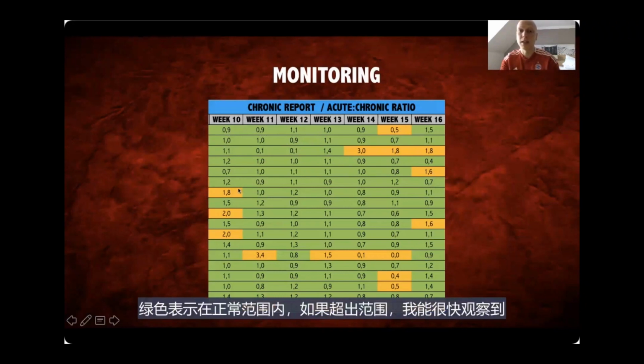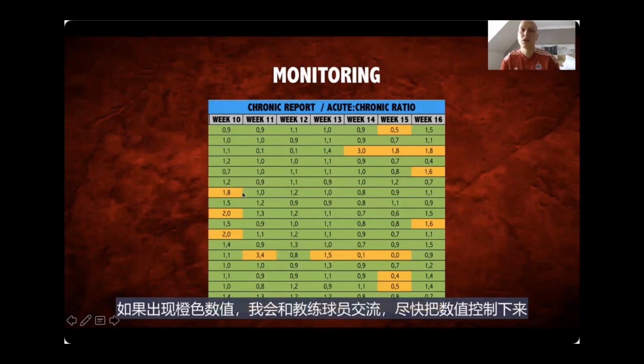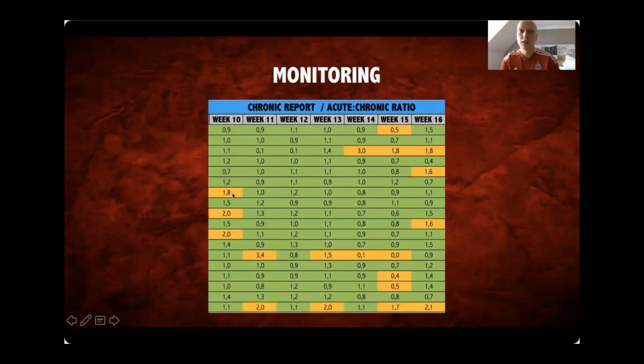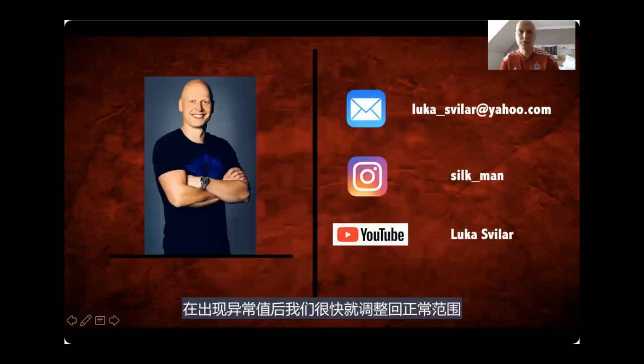But whenever I see an orange color appearing, I try to start communicating a little bit better with the player and with the coaching staff, so we can put the player in the green zone as soon as possible, such as in these cases. After the orange case, we go into the green zone as soon as possible.